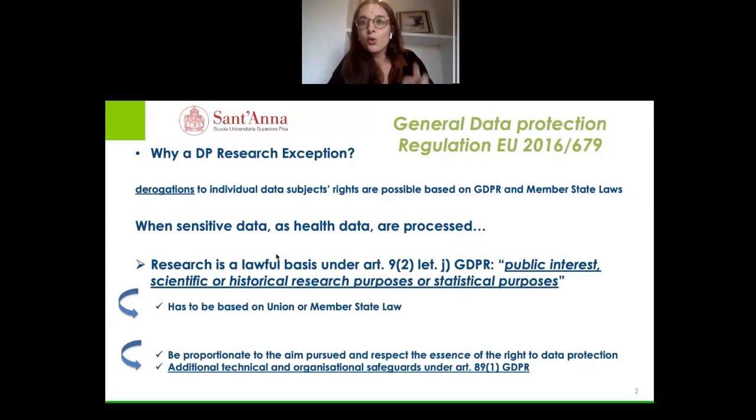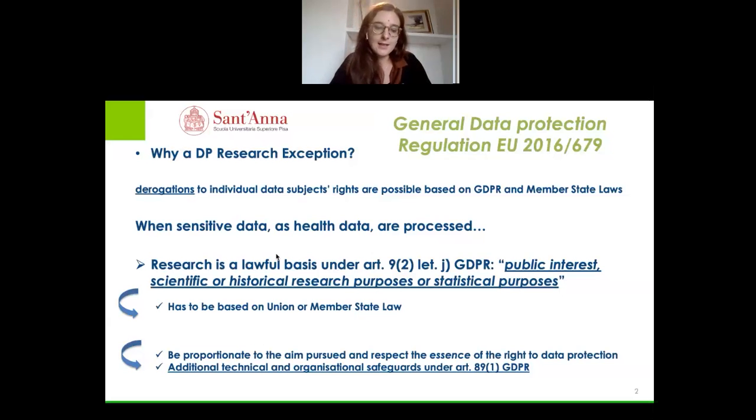But the definition also demands that data controllers that are researchers handling those data sets, including special categories of data such as health data, first look at Union or Member State law in order to identify whether the processing activities that they are carrying out fall under the notion of research or statistical processing activities that has to have a clear legal basis under Union or Member State law.